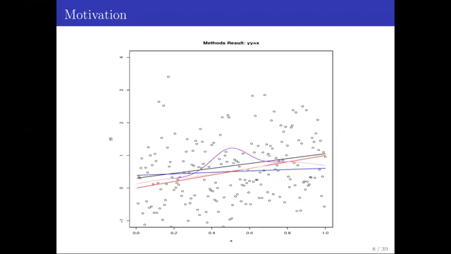However, for the other two lines, the blue line and the pink line, without knowing the true function, it's hard for us to distinguish the properties of these 2 lines. That means it's hard for us to say which one works better.